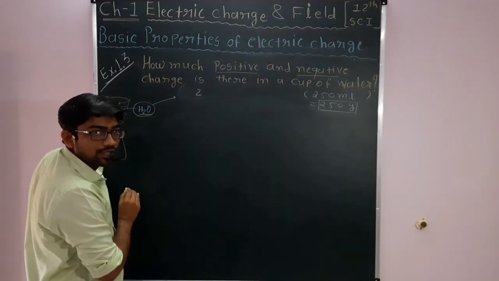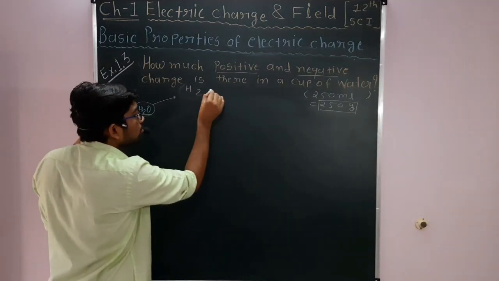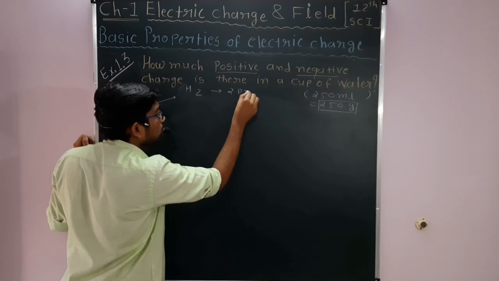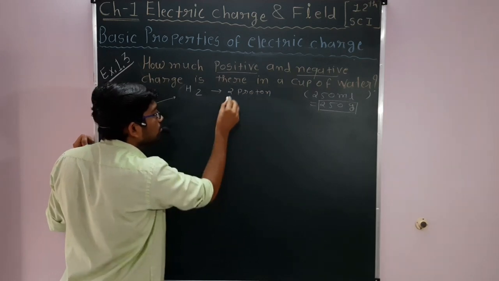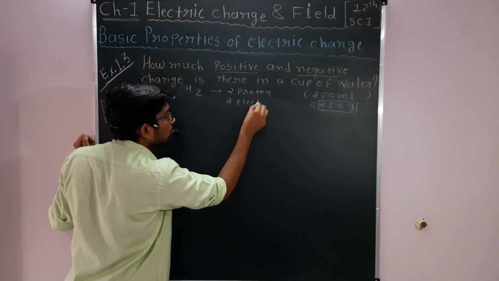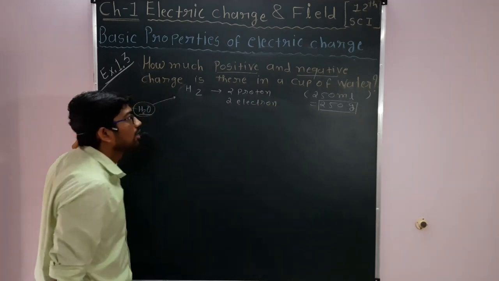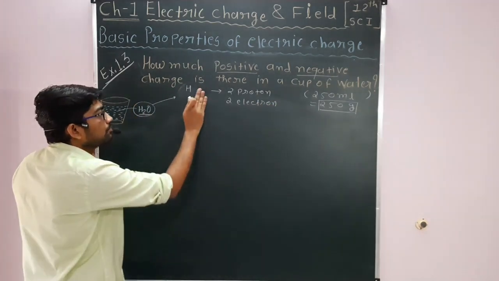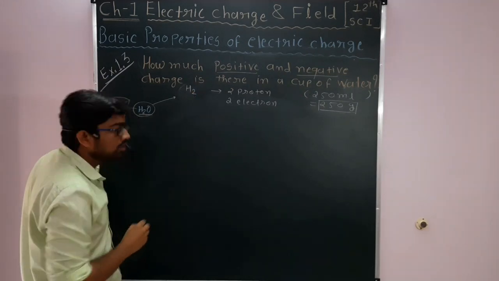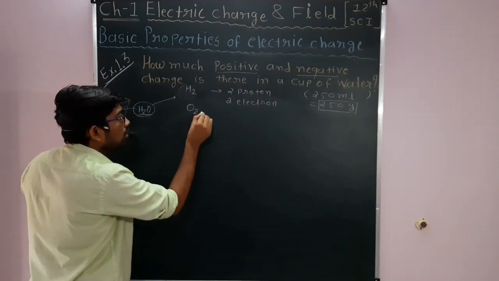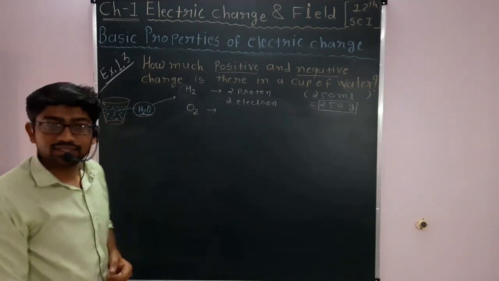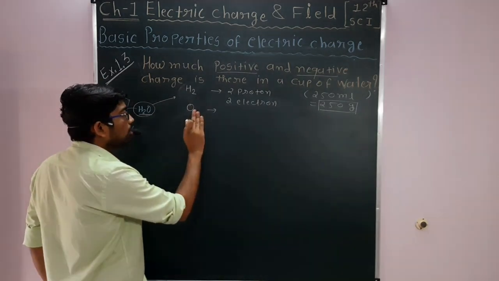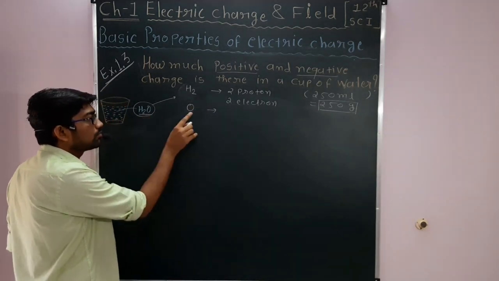So in 2 hydrogens, 2 protons and 2 electrons are present in H2O. For oxygen, the atomic number is 8, and only 1 oxygen atom is present here.